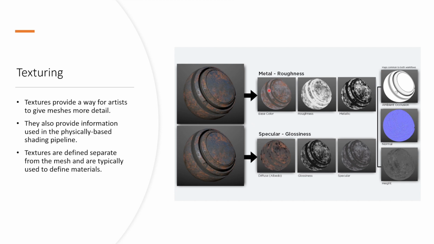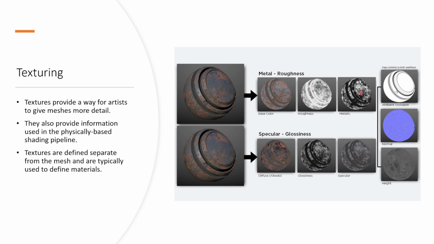The base color provides, as the name implies, the base color of the material. The formal definition is the color without any sort of light influence, which is why it looks very flat and washed out. The roughness map is used to feed these statistical models for the microfacets, and that determines how rough a certain point on the material is.